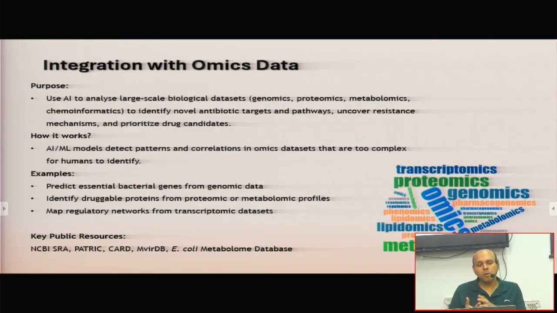So an example of this is one of my students, he worked on AI ML associated novel target identification for Acinetobacter baumannii. Everyone knows Acinetobacter is my favorite organism. So international clone 2 is the main clone of Acinetobacter that is expanding in the world.